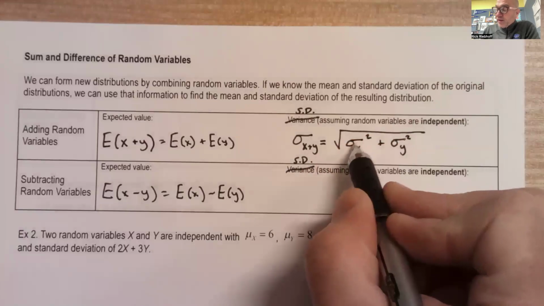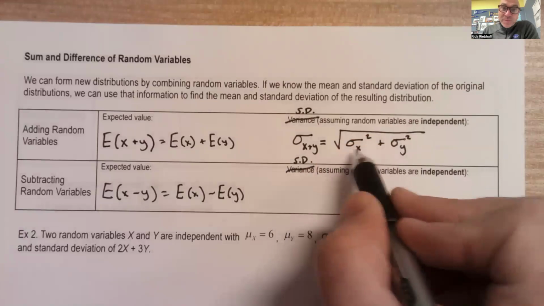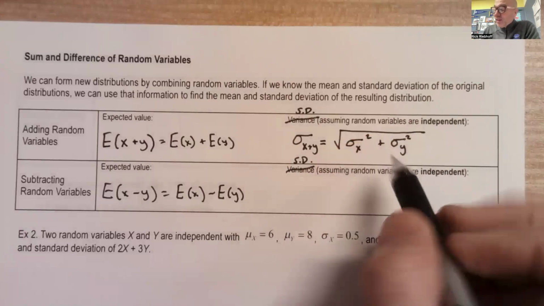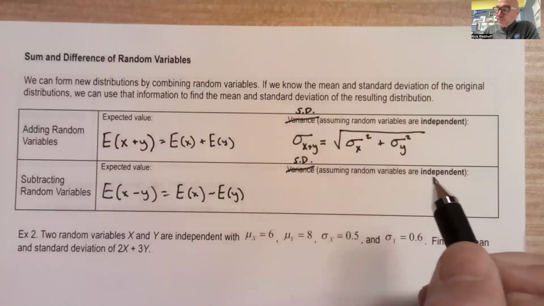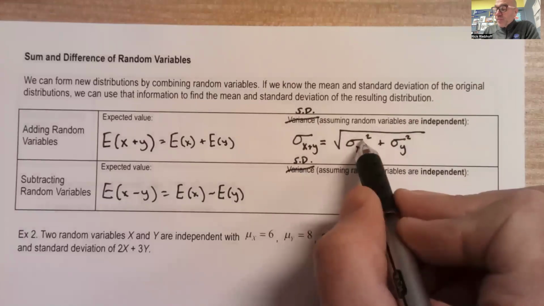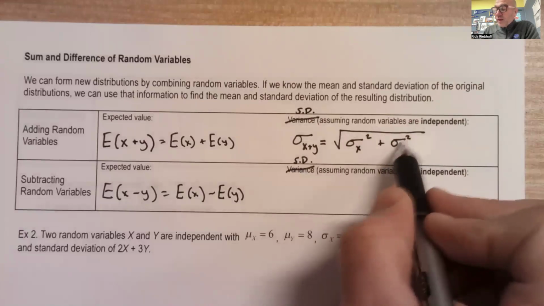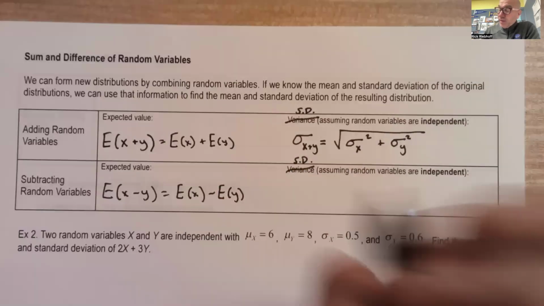So we turn each into a variance, we add them, and now we have the combined variance, but we don't want that. We want it in standard deviation. So we square root it to get it back down into standard deviation. Just know that there's a formula for that. I take my standard deviation, square it, add it to her standard deviation squared, and then we square root it. And that will give me the combined standard deviation.